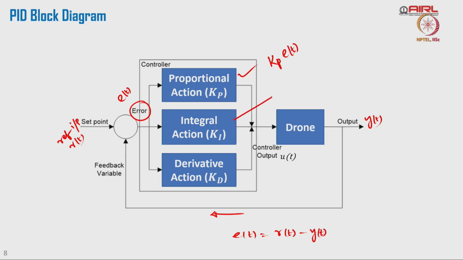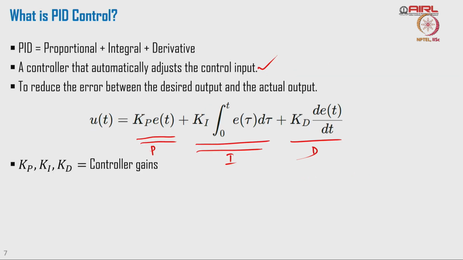What will happen in integral control? It will multiply the integral control gain with the integral of the error. And what happens in derivative control? Right, so that is what we were getting here.